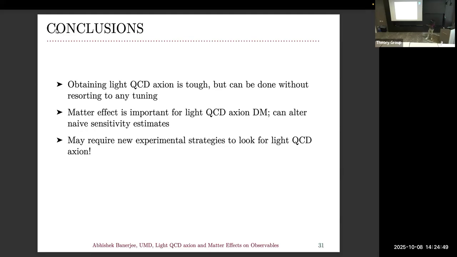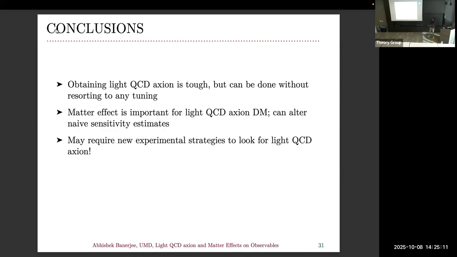If you're thinking of light QCD axions, obtaining one is very tough. And I'm not even sure, I know only 3 models where you can actually do that, or 2 and 1 variant of it. But given that, the matter effect on the QCD axion, light QCD axion searches, are actually important.